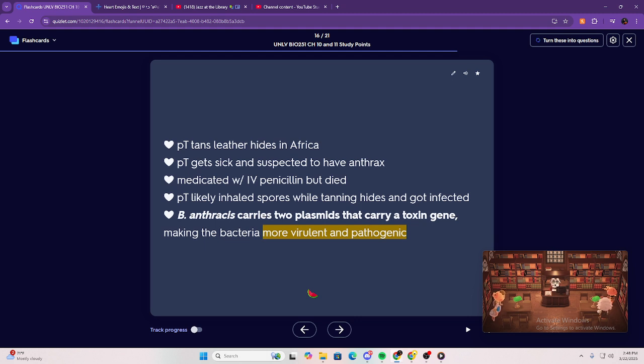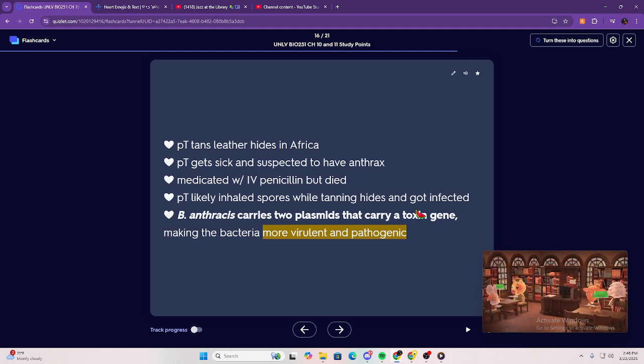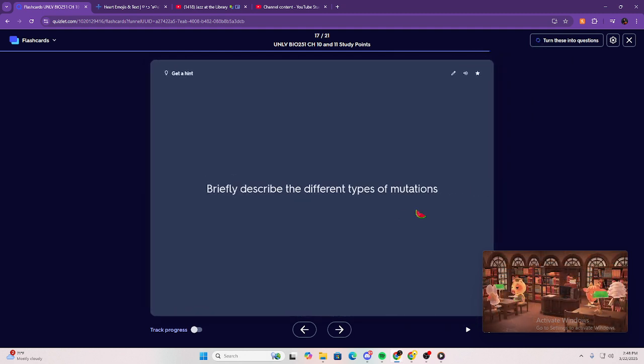The reason the IV penicillin did not work is that Bacillus anthracis is very toxic. These two plasmids that carry the toxin gene make the bacteria more virulent and pathogenic. Basically, the patient had no chance of survival.